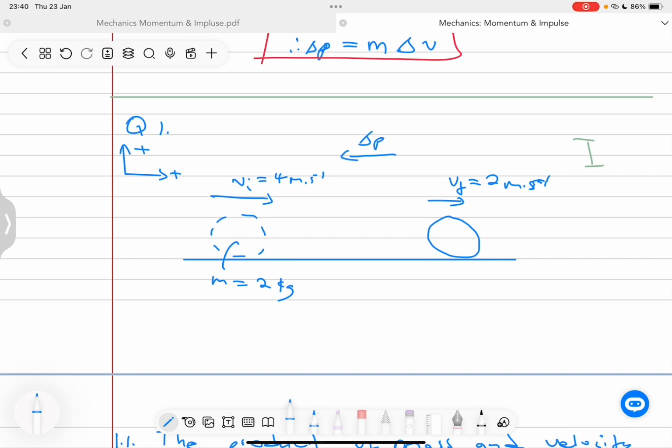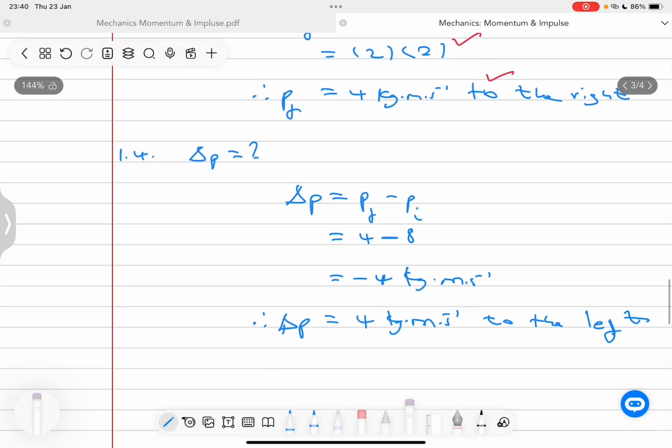the change in momentum vector will be in the opposite direction to the velocity vectors. To understand what I mean by that, please make sure that you go to lesson 2. We discuss this thoroughly under the vector nature of change in momentum.